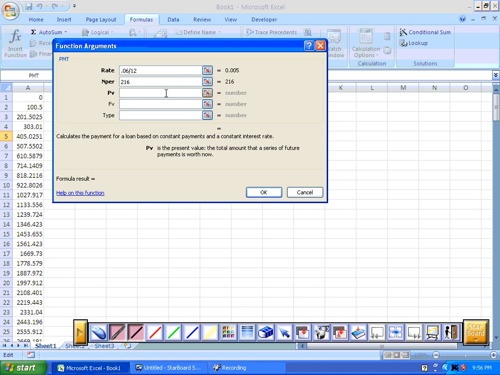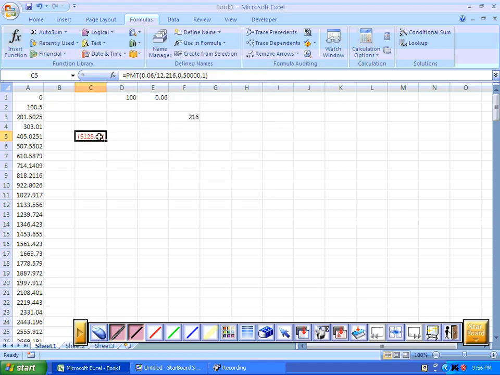The present value is 0, the future value is 50 grand. We would need to be making $129.08 a month in payments. And the type, of course, is at the beginning, so we have to make sure we make that 1. So it's actually $128.44.